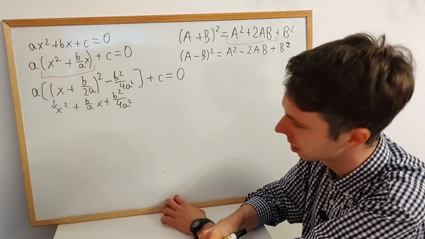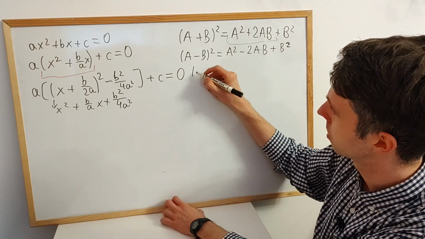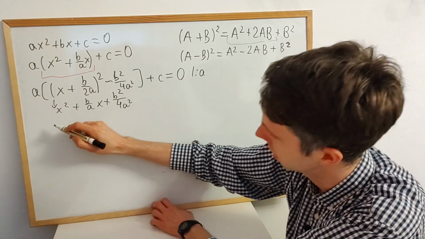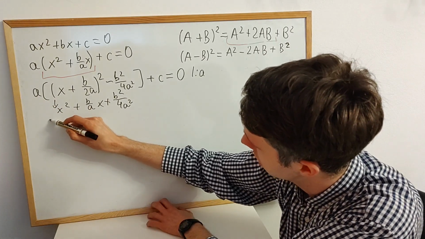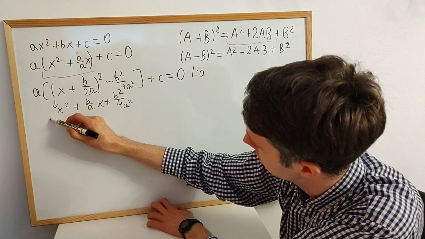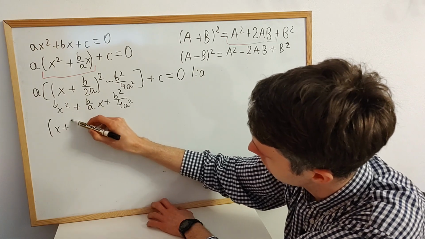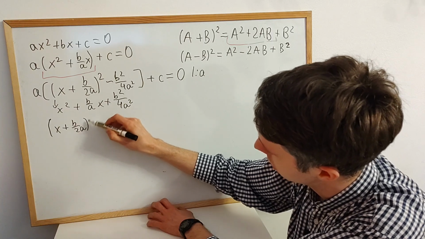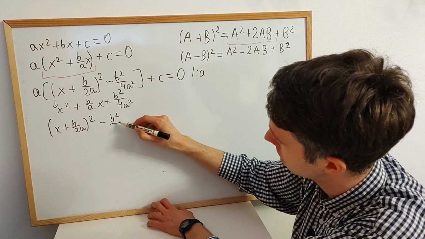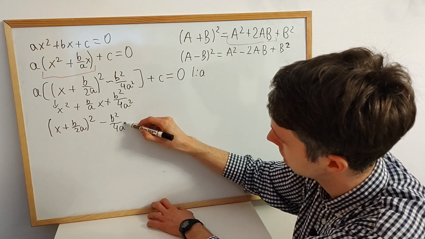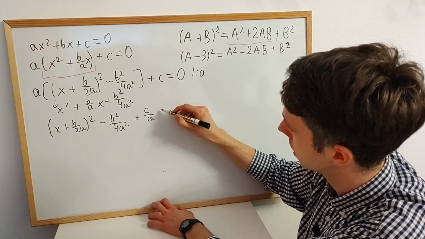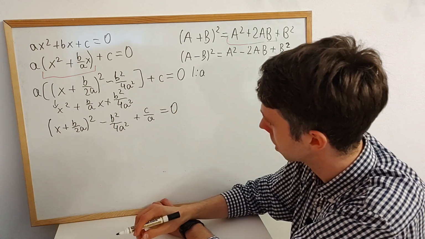Okay, let's maybe divide by a so that we don't have it here. So in this case I will have (x plus b over 2a) squared, that's this, minus b squared over 4a squared plus c over a equals 0.